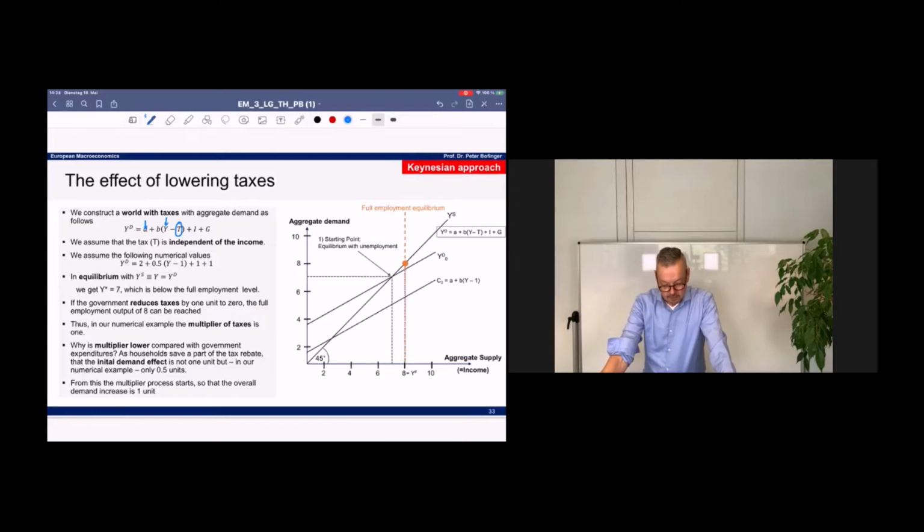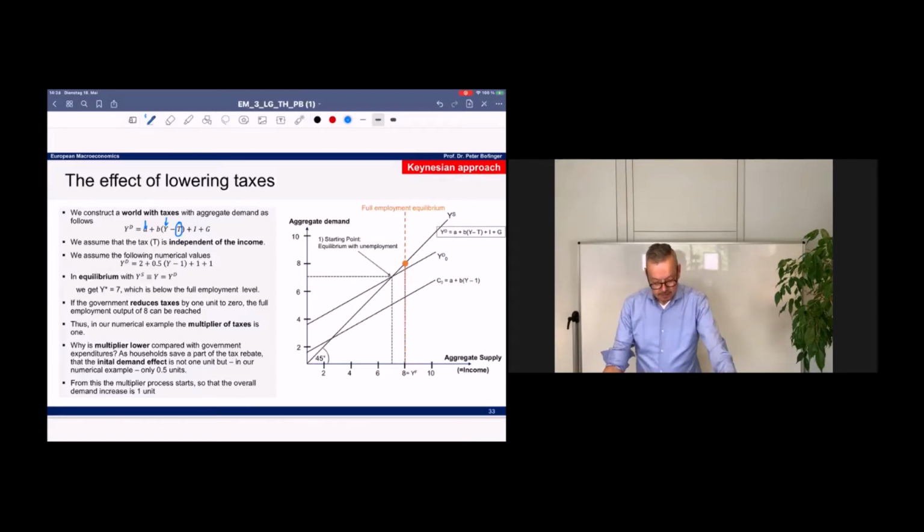And for simplicity, we assume here that the tax is just a fixed amount that the private sector has to pay. It's a tax that is independent of the income, and we do this just as a matter of making things as simple as possible.